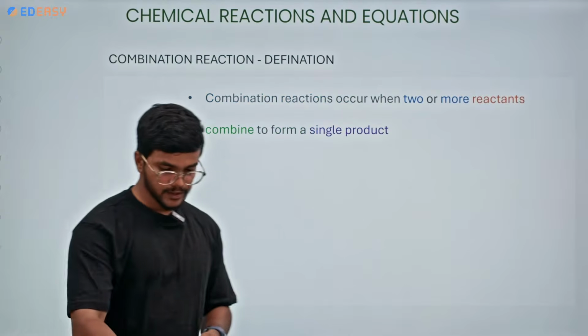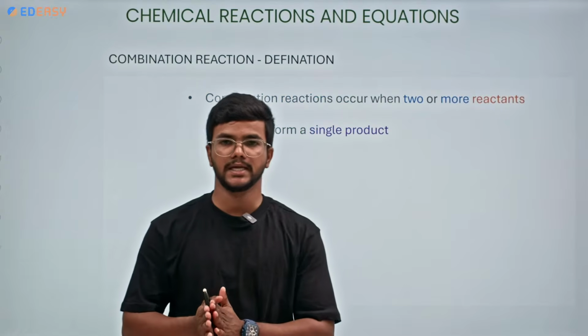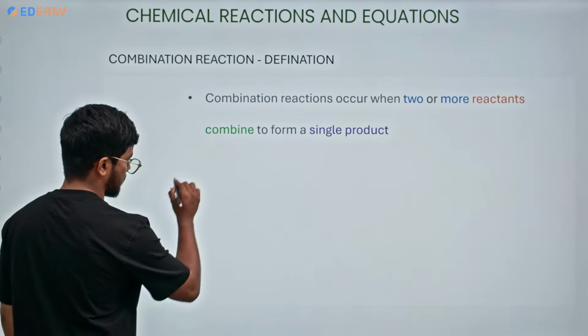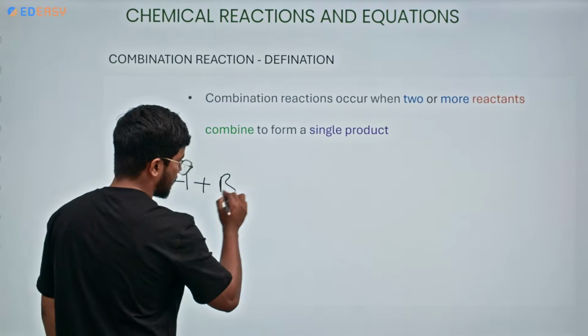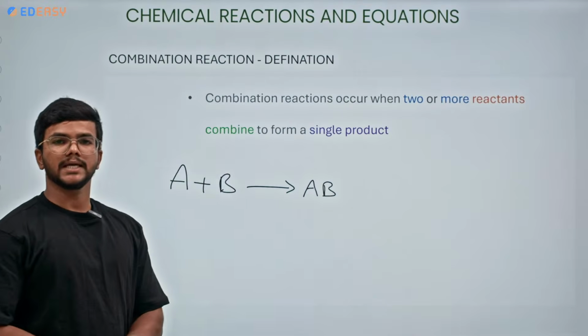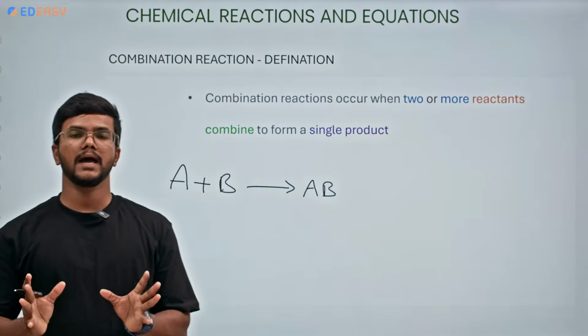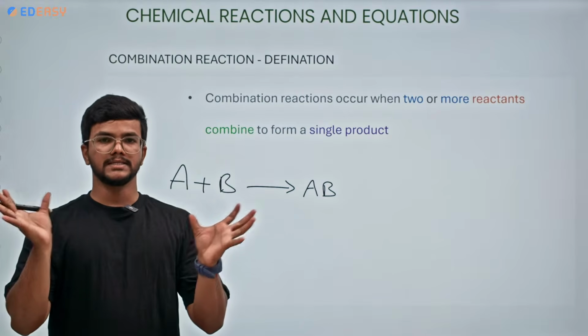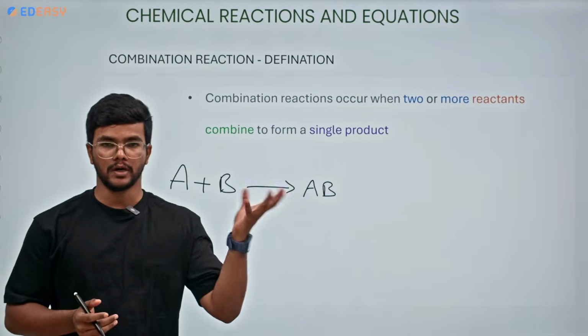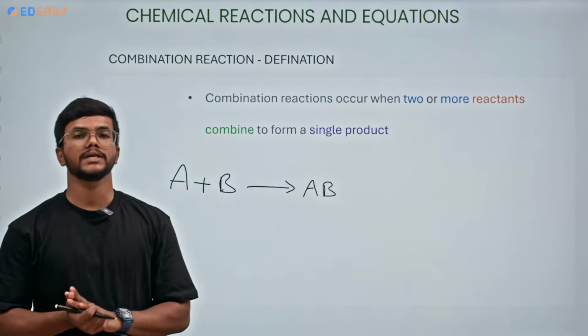This is the definition of the combination reaction, and the general representation is A plus B gives AB. When two reactants react or combine together to give a single product, it is nothing but a combination reaction.